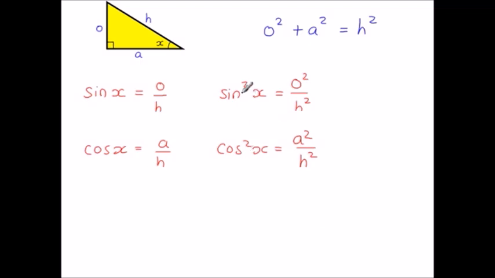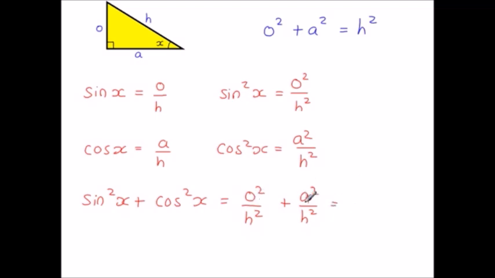So if we add these two together, we've got sine squared x plus cos squared x, which is equal to O squared over H squared. That's the sine squared x ratio here, plus A squared over H squared, which is the cos squared x ratio here.